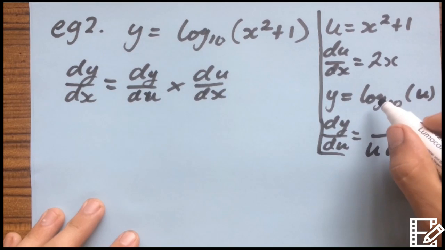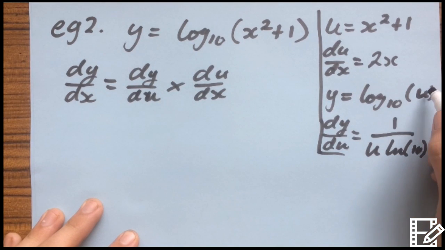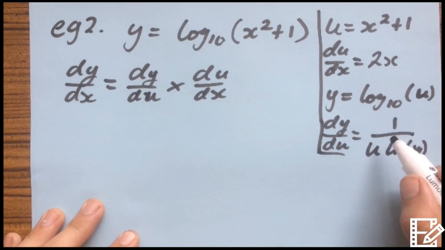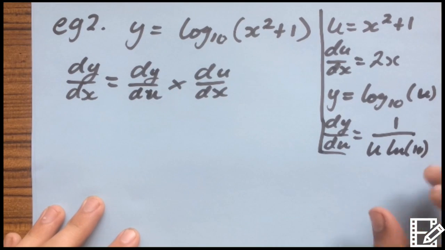Just like before, you have log to the base of a number of u, you end up with 1 over u natural log of that number. It's just how it works.